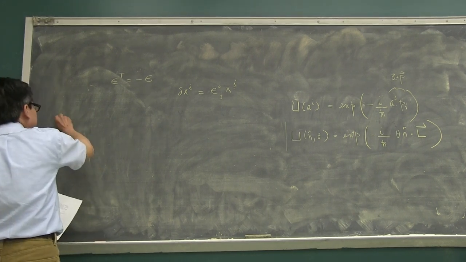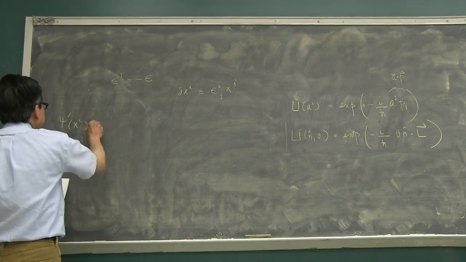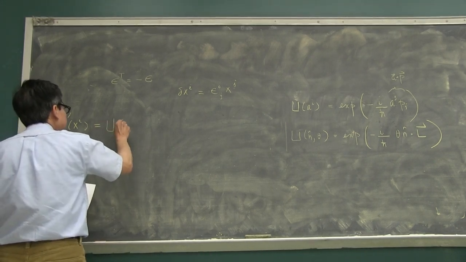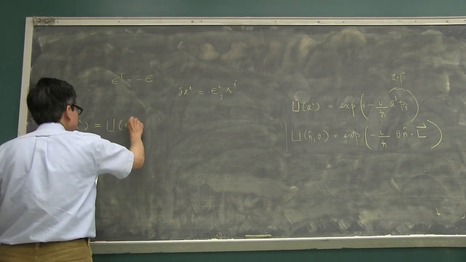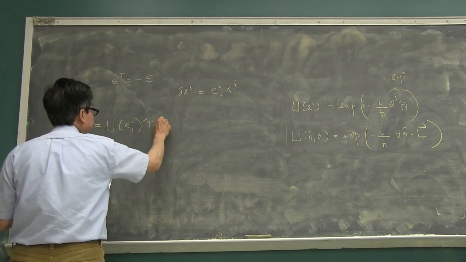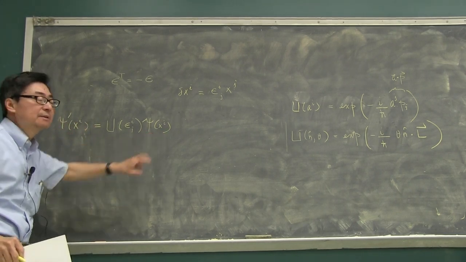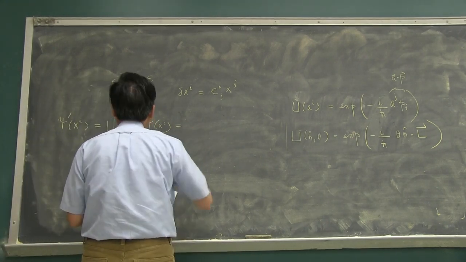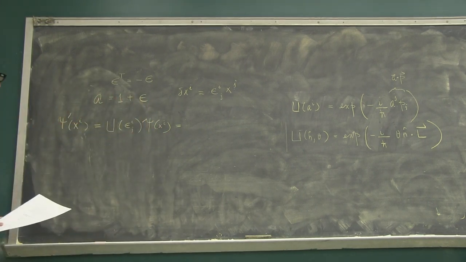So now we're going to require the scalar transformation property that psi prime is equal to some unitary transformation, which would now depend on the 3 values of the epsilons. So I'm going to write it like that, operating on the original wave function. Okay? And now, again, it's the same coordinates. But this is equal to, if I call the rotation A, which is written as 1 plus epsilon, right?